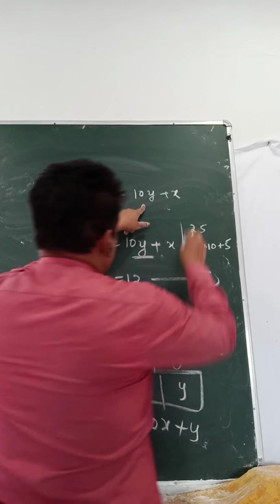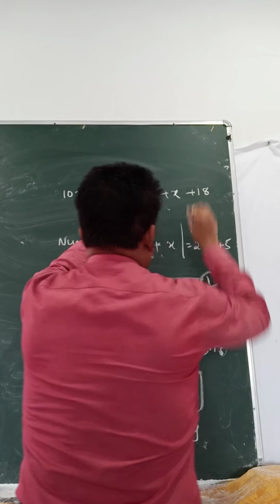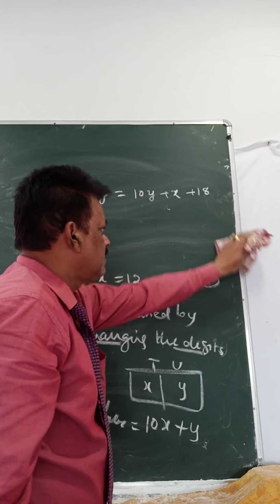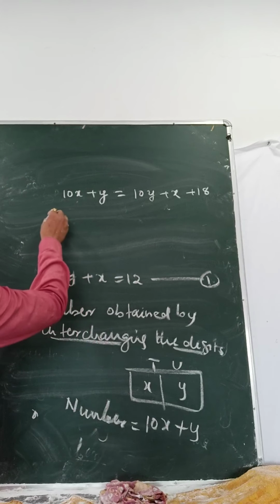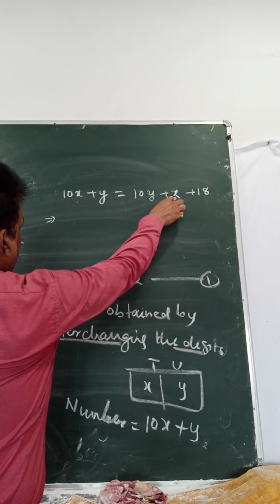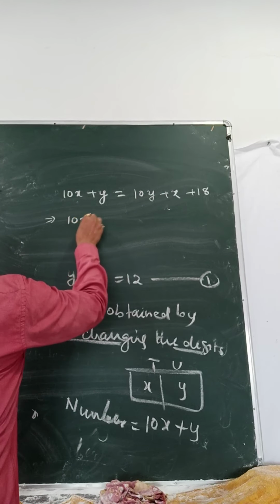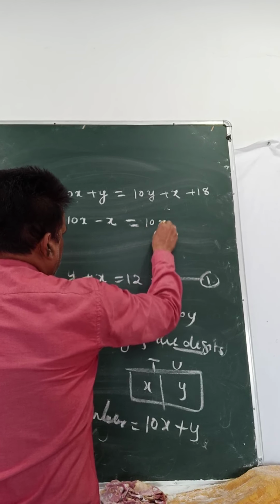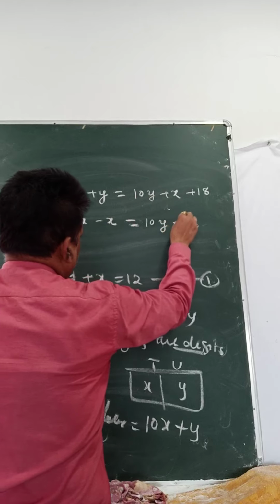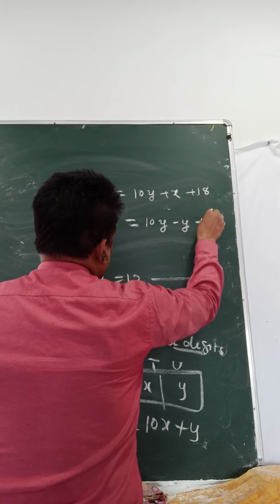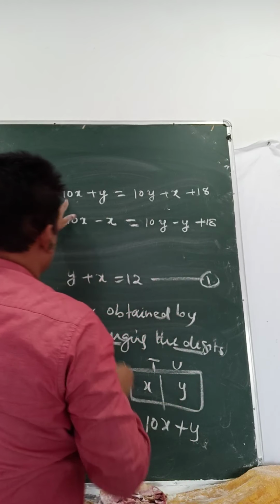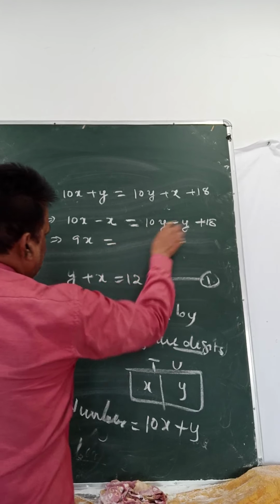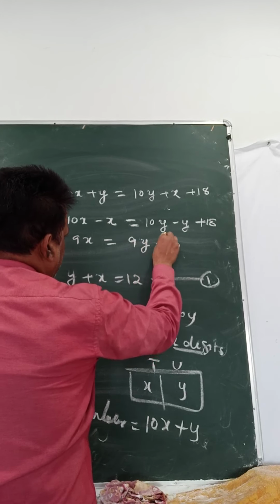So when you want to make it equal, you have to add 18 here. Okay, now you have to simplify. 10x minus x equals 10y minus y plus 18. I have taken x this side. So 9x equals 9y plus 18.